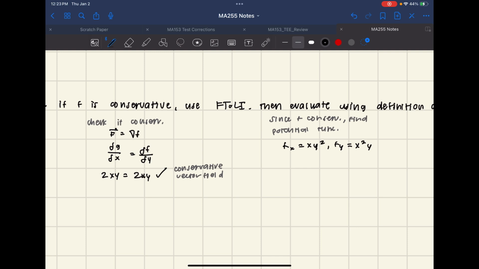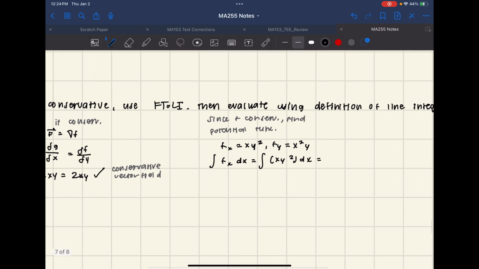Just rewriting our components over here. So here I'm just integrating our components.